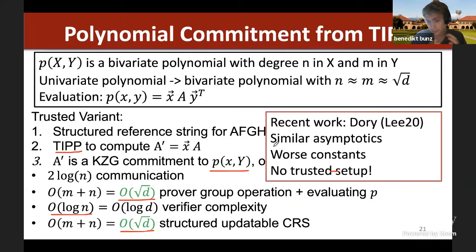But the nice properties are that it has the same asymptotics, but it does not rely on a trusted setup. So it also has a logarithmic verifier, but it does not rely on a trusted setup. It has worse constants than our protocol. But again, it's a really, really nice result.